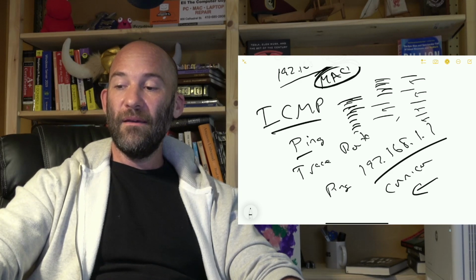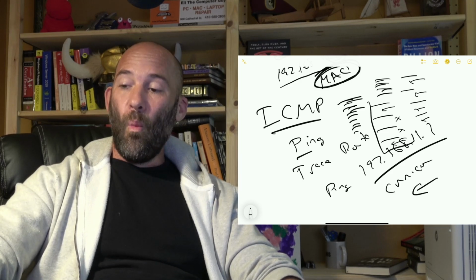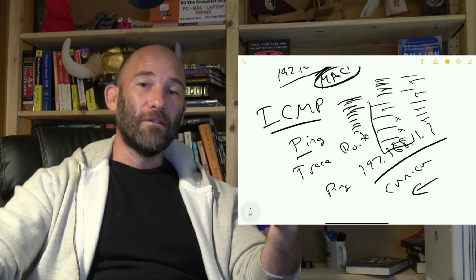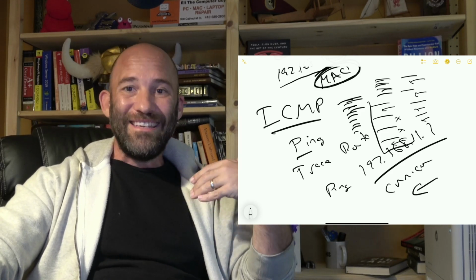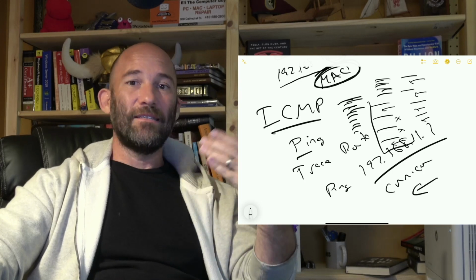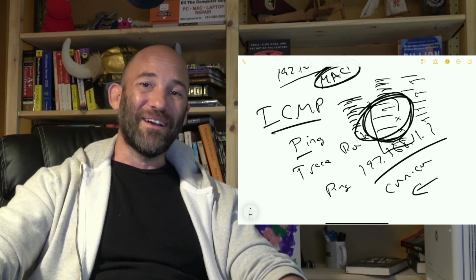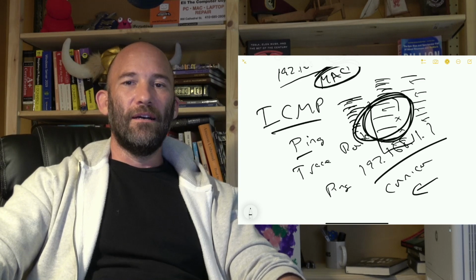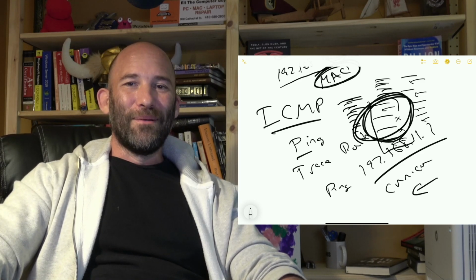I ping and it times out. I ping, it times out. I ping, I get a response. Why we do the ping command multiple times is just to verify that we're getting a consistent result, because if you start getting these inconsistent results, well, you get to have fun with troubleshooting.